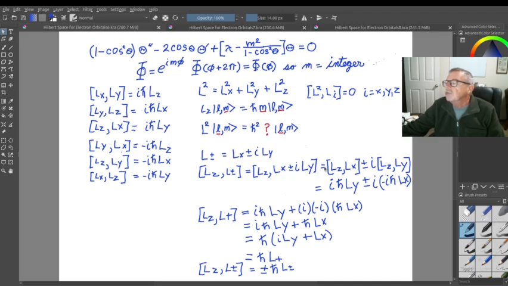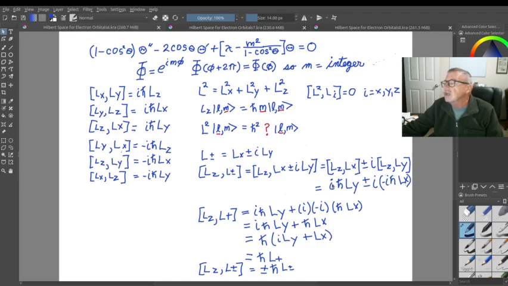Now, what does that mean? Well, if we take Lz and Lx and try to do the commutation, then that's going to be plus or minus i times the commutator of Lz and Ly. Now remember, we've got all these things over here that we can use, so we might have to come back and use those. This is where we do the commutation operators. Lz, Lx, let's see what that is.